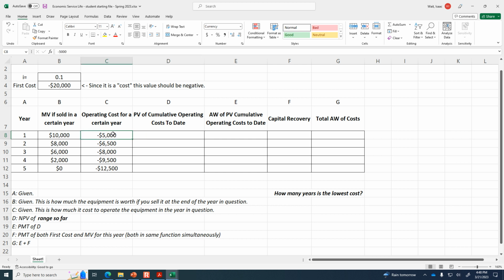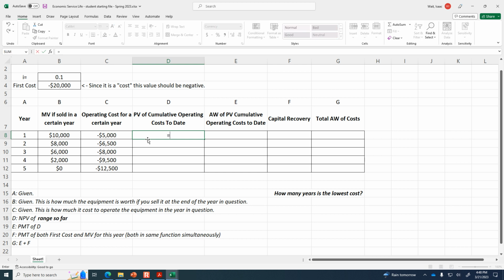Now, the $5,000 in operating costs at the end of year one, we need to find out what's the value of that at time 0, because this 5,000 is at the end of the first year. We want to know the present value, meaning the value of that at time 0.